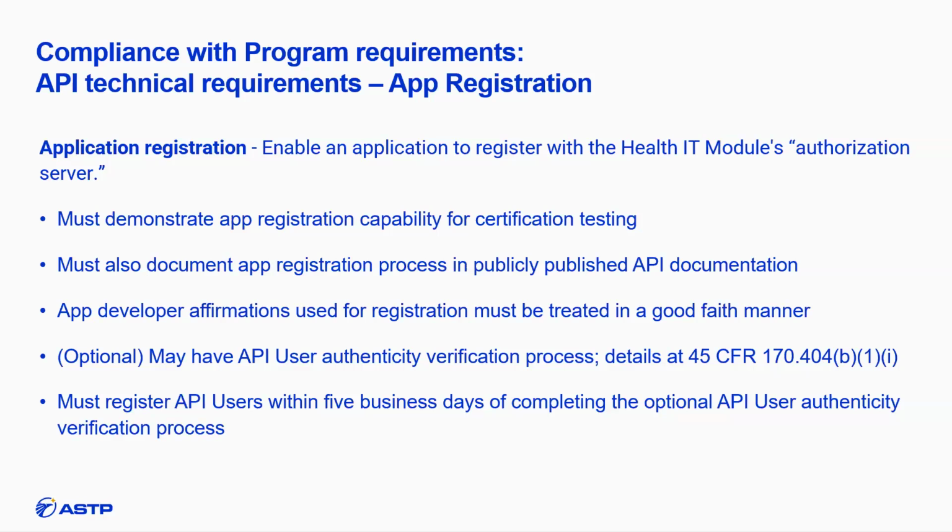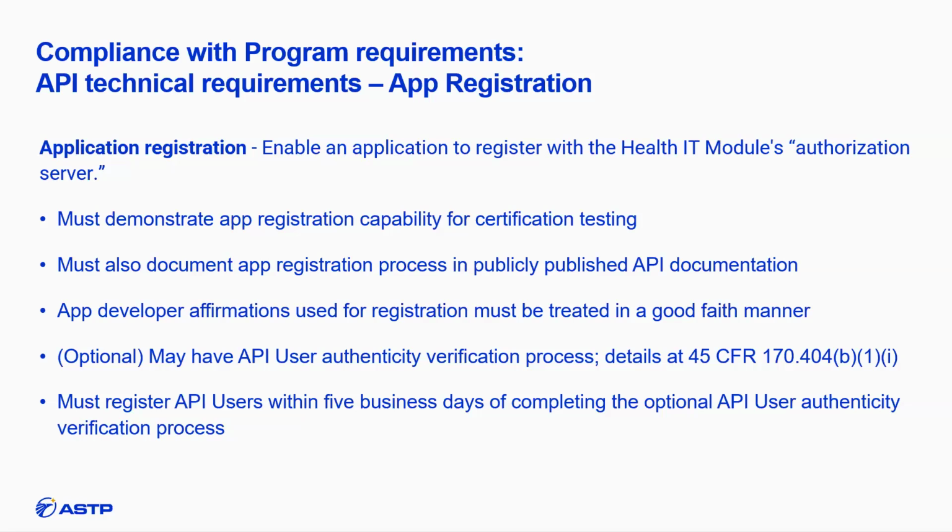Starting with the app registration requirement, this is the requirement where the Health IT module certified to the G10 criterion must enable an application to register with the Health IT module's authorization server. Support for this requirement is important since app registration is one of the first steps needed for an app to use certified API technology certified to the G10 criterion.